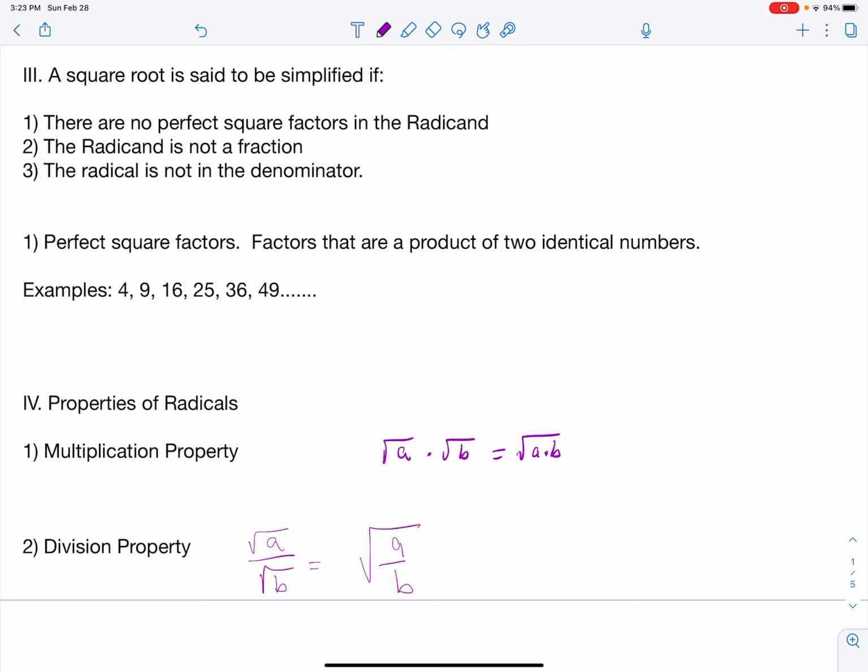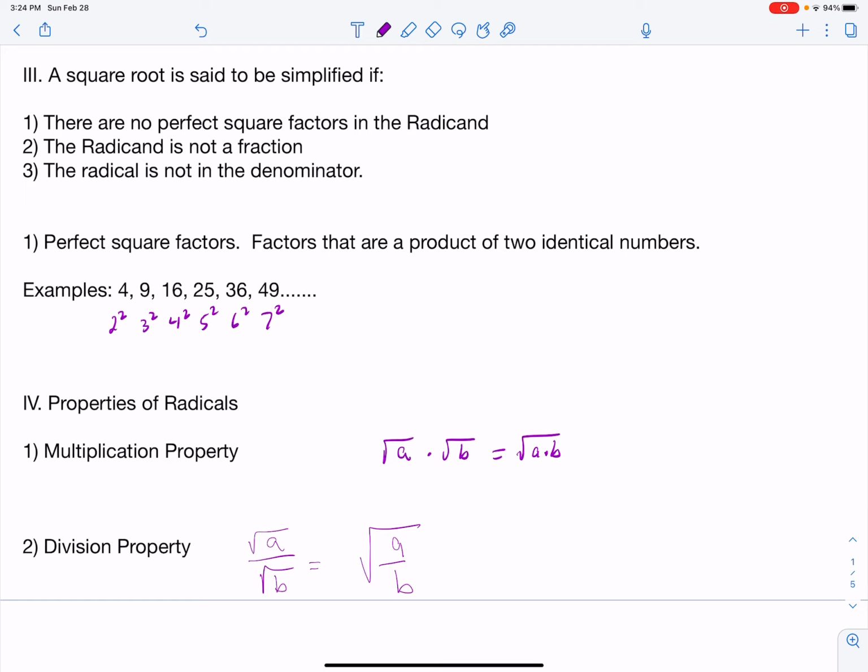Hopefully you can see that I gave you the first few perfect squares. That's 2 squared, 9 is 3 squared, 16 is 4 squared, and 25 is 5 squared, and so on and so forth. So you can never have a radicand where one of its factors is 4, 9, 16, 25, etc. It would not be considered simplified.